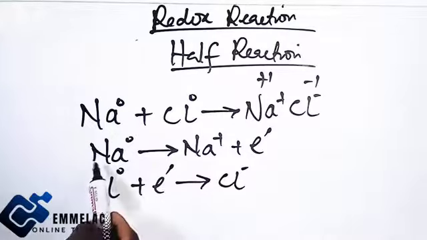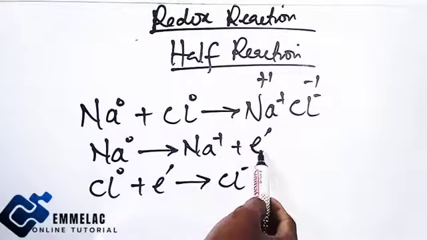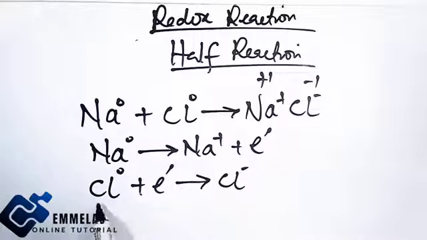Now, sodium here loses an electron to become a positively charged ion, and chlorine here gains an electron to become a negatively charged ion.